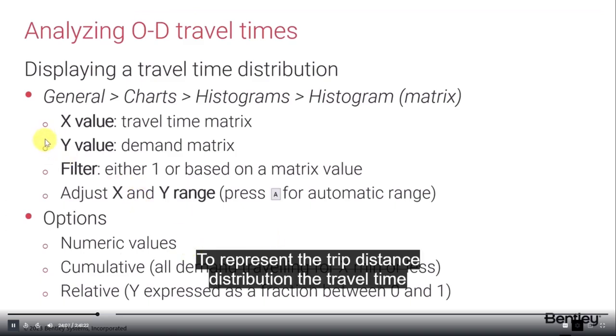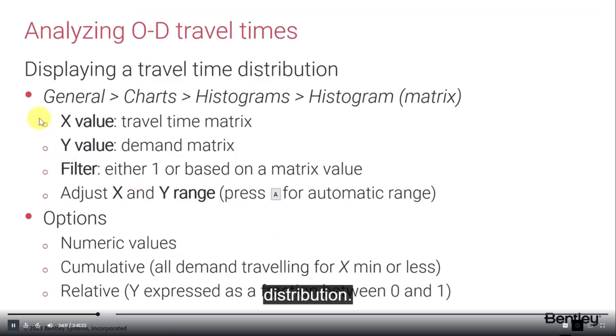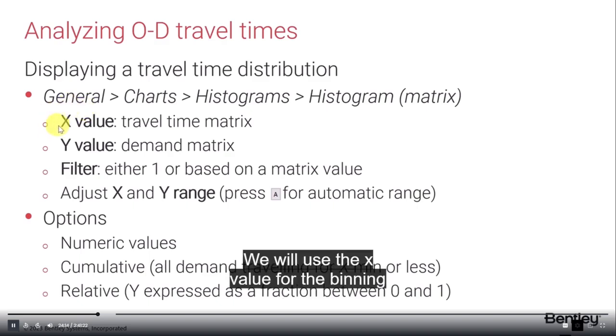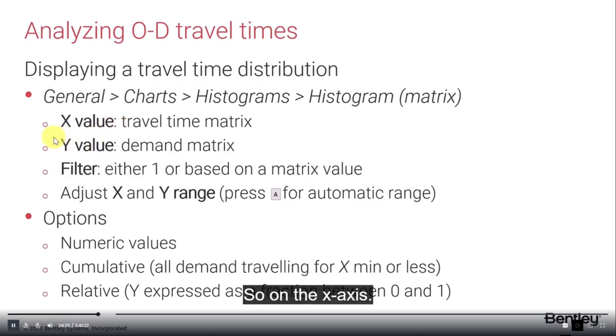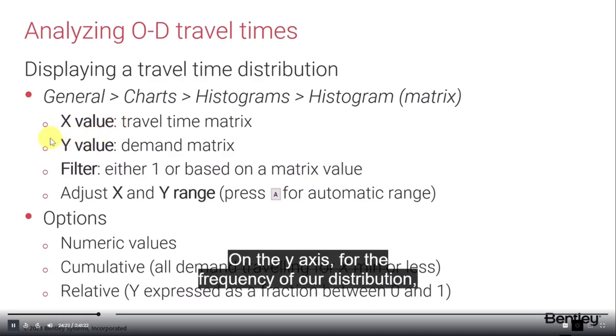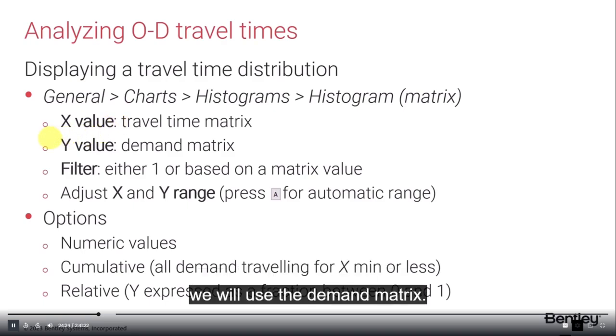To represent the trip distance distribution, the travel time distribution, we will use the x value for the binning, so travel time on the x-axis. On the y-axis, for the frequency of our distribution, we will use the demand matrix.